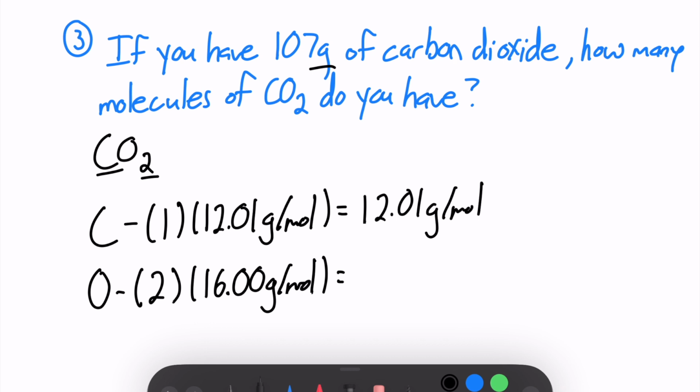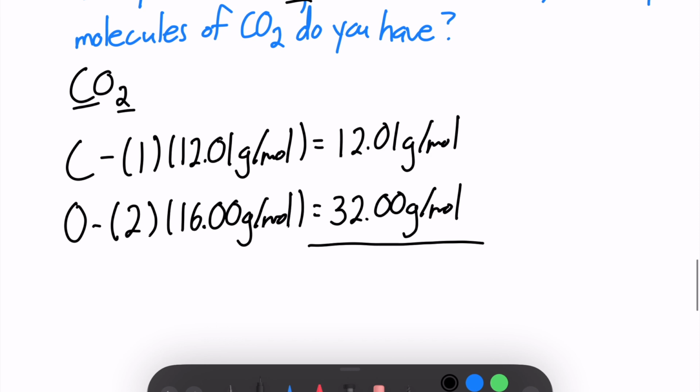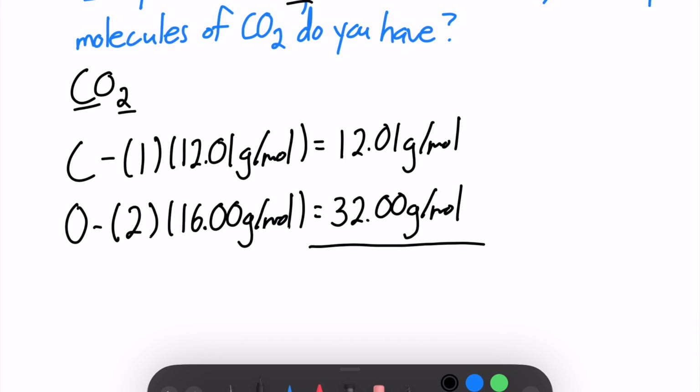There's 2 oxygen in CO2, and we'll get a mass of 32 grams per mole. And remember, we need to add those up to figure out the entire molar mass of CO2. And what we will get is 44.01 grams per mole for CO2.